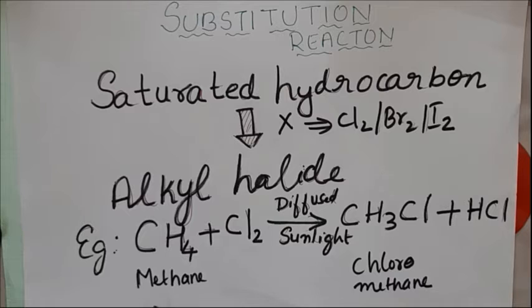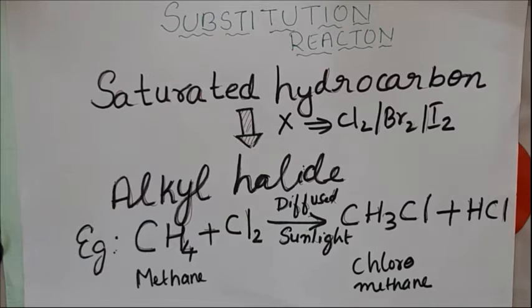Now what happens here? A saturated hydrocarbon is taken, halogen is added, and the hydrogen atoms of the hydrocarbon one by one get replaced with the halogen. So how many hydrogen atoms are present in methane? There are 4. In the first case, the first hydrogen atom is replaced and the product that we get is chloromethane.